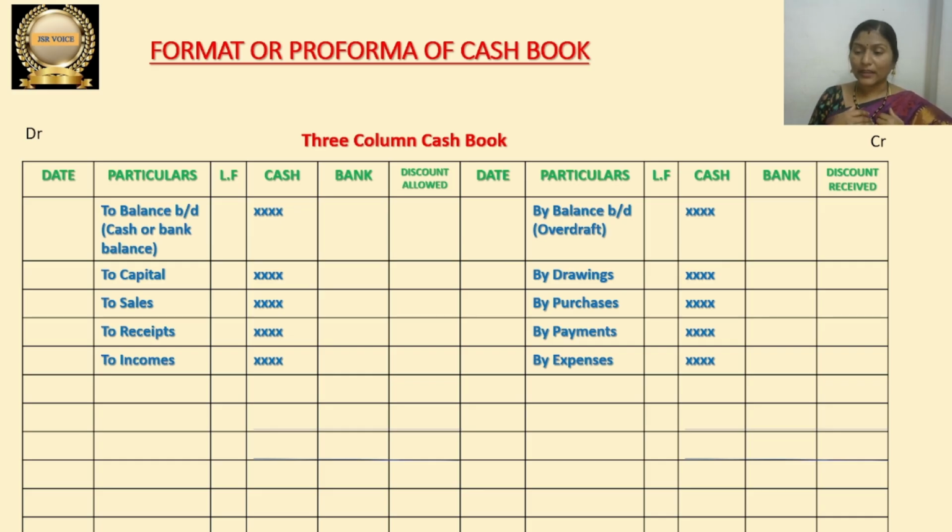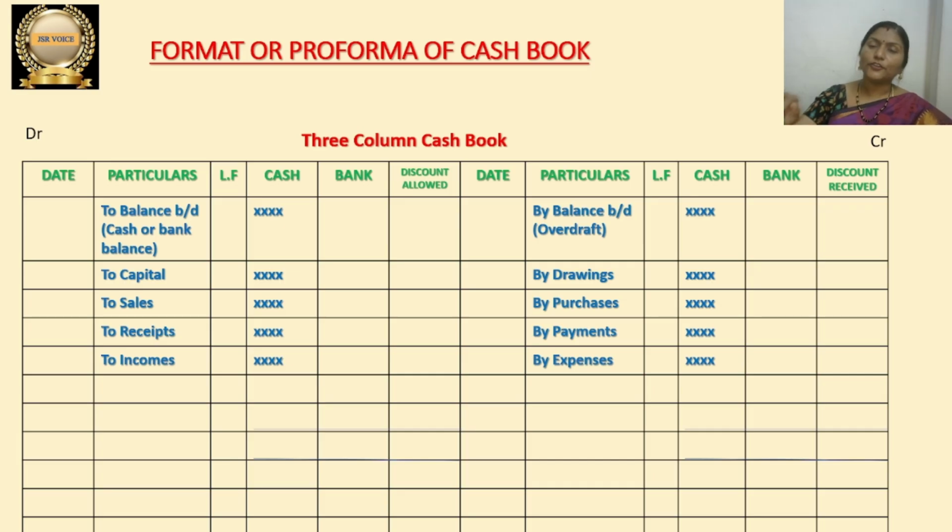Sometimes owner may take some amount from the business for his personal use. According to accounting principles, we have to call it as drawings. If owner withdraws or takes money from the business for his personal use, then we have to treat it as drawings.